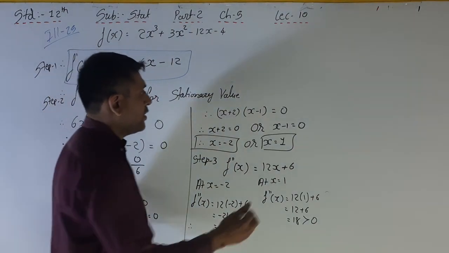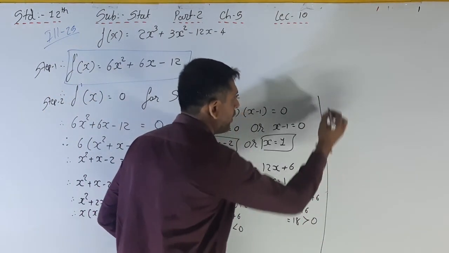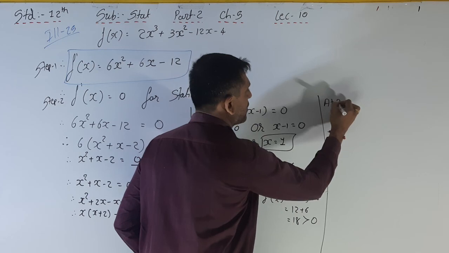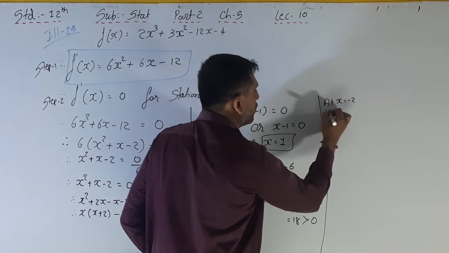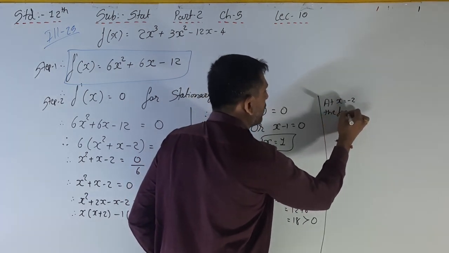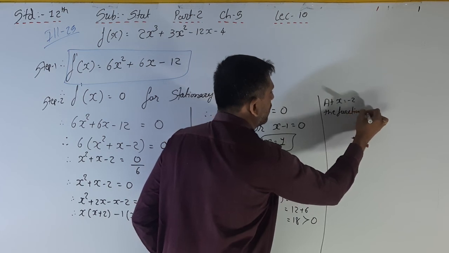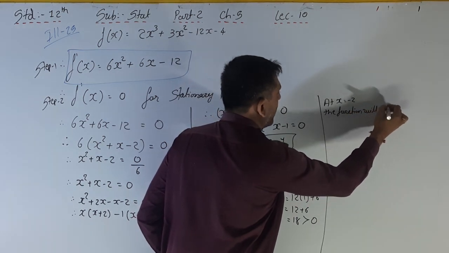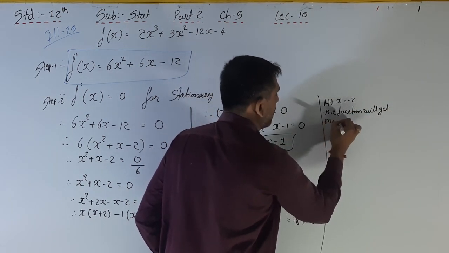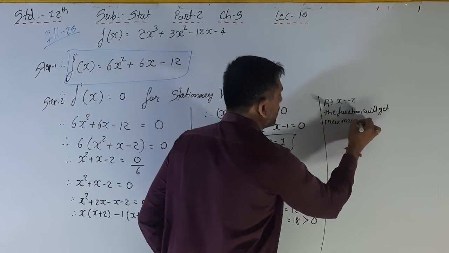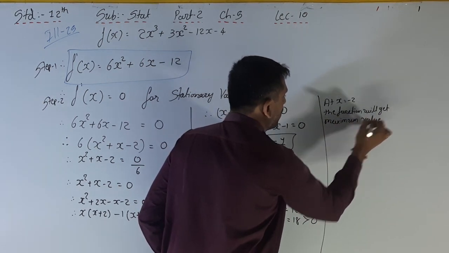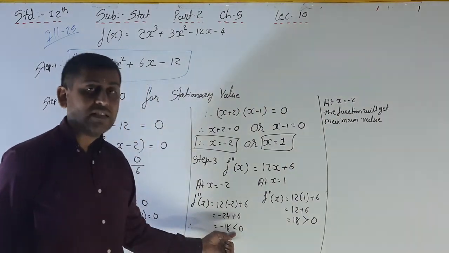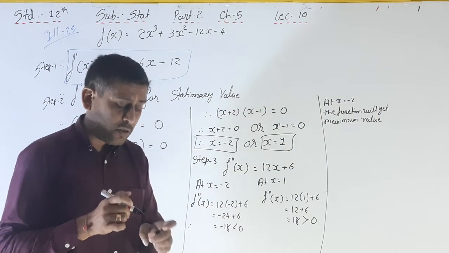See, I am writing here: at x is equal to -2, the function will get maximum value, because here see, the answer is negative.